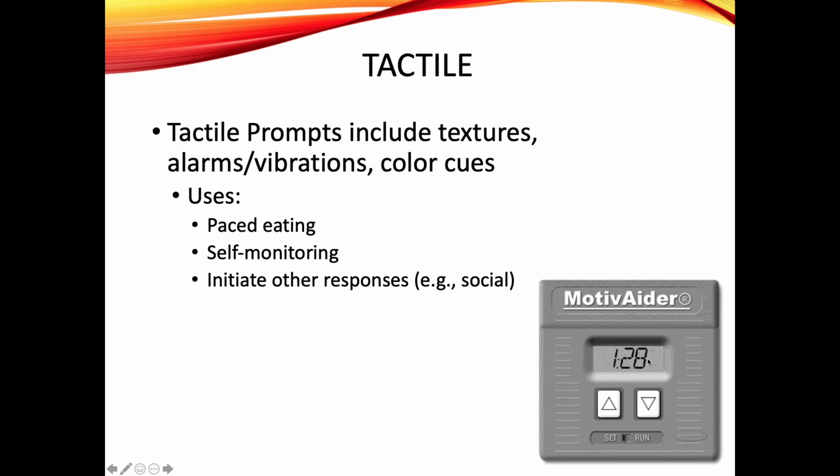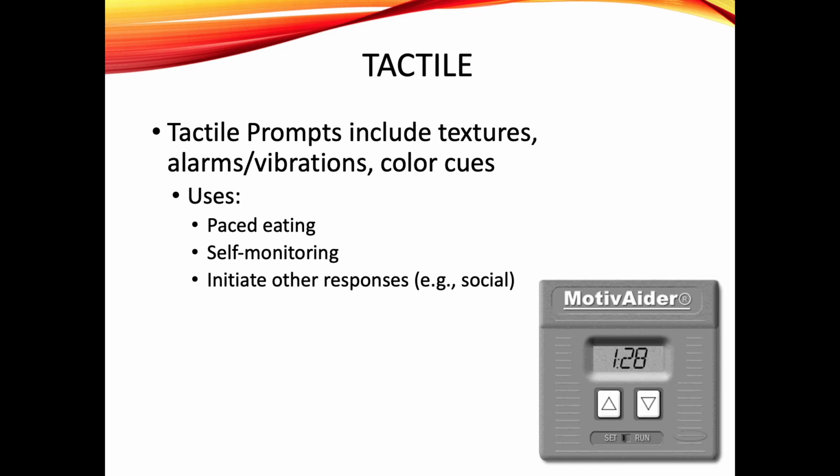So, in this example, paced eating. Let's say an individual eats too rapidly. We can, probably through the use of other prompts like physical guidance, get them to keep their hand on this Motivator device, and when the vibration occurs, when the interval times out, they reach for their fork, scoop up food, take a bite, put their fork down, put their hand back on the device, and wait for the vibration again, and then repeat it.